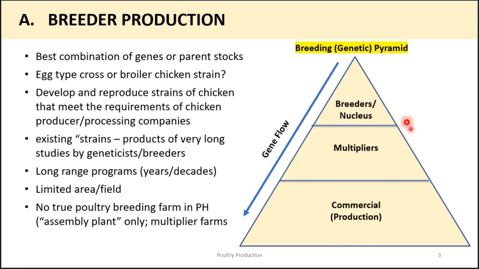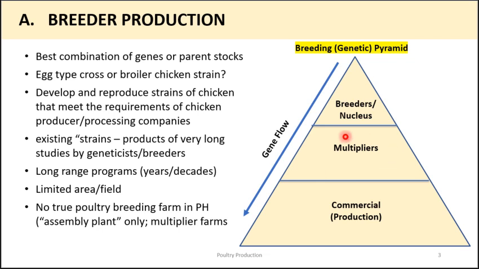So what do these farms do? The product animals of the breeder farms are sold to or used by the multiplier farms to produce parents for the commercial farms. So the product of the breeder or nucleus farms is used by the multiplier farms. They cross these animals, of course following the best combination of parent stocks.